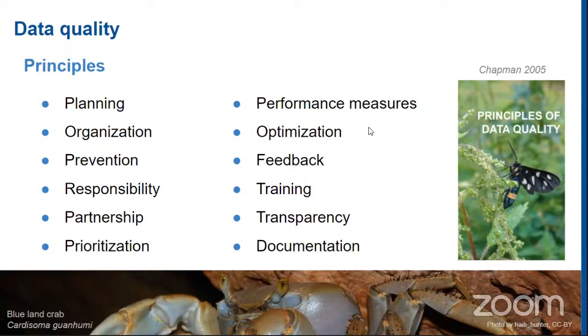Try to optimize the processes of assessment and improvement of data quality. Try to implement feedback mechanisms. When people use the data, then they may detect problems that we don't see. So it's important that we provide them a means to share those comments about the data.